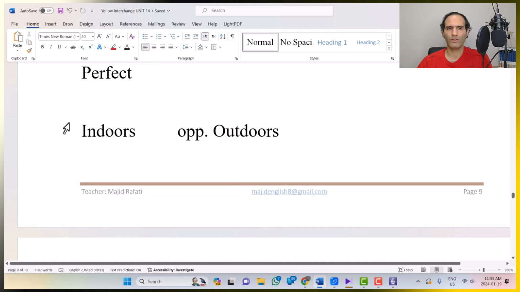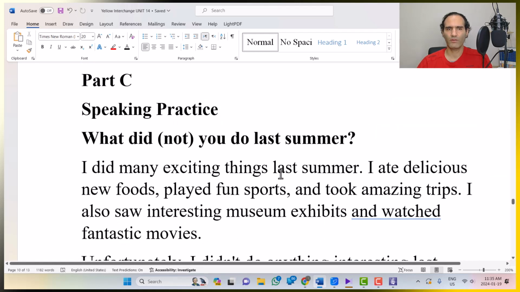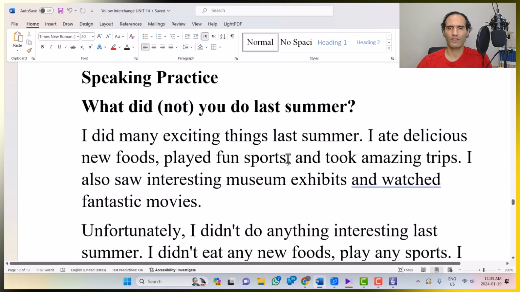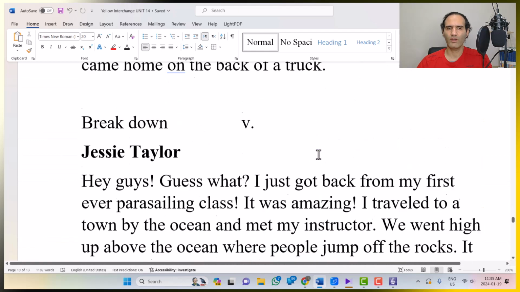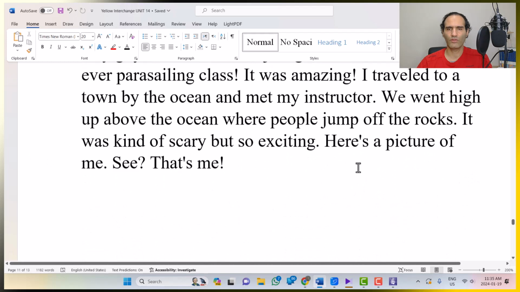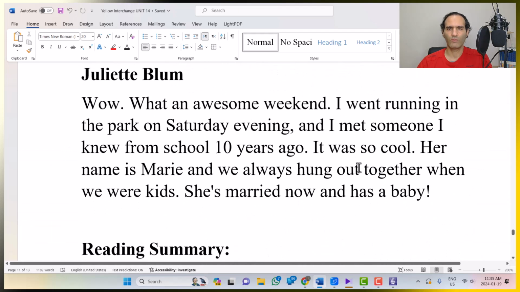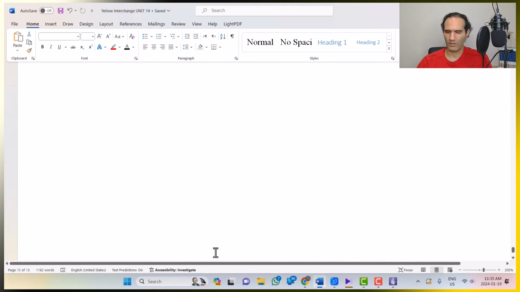We talked about the order, indoors, outdoors. And under word power, we again had the things we did and we didn't do last summer. And in the reading part that we covered together, breakdown was the verb for cars. It doesn't move anymore, it stops. And the speaking and finished.